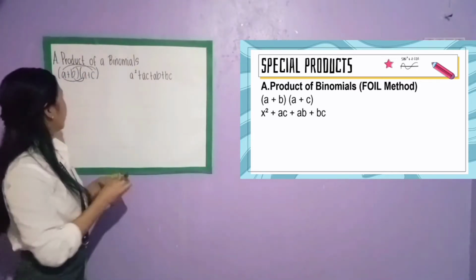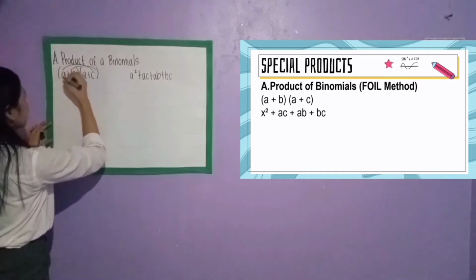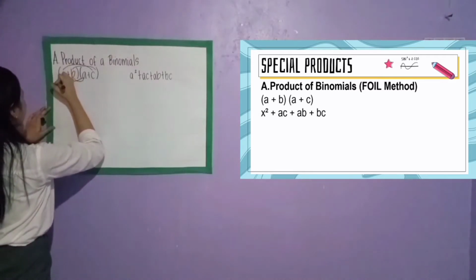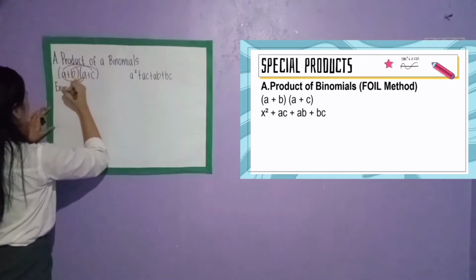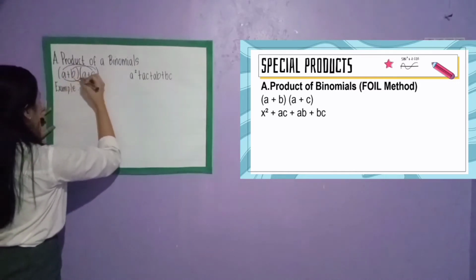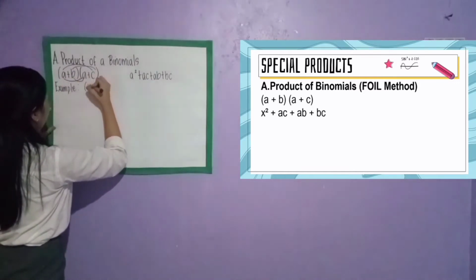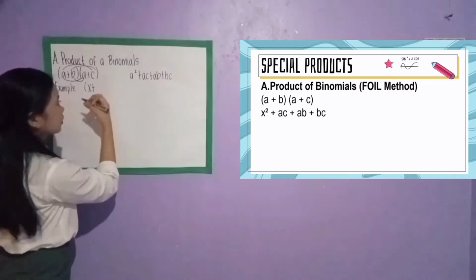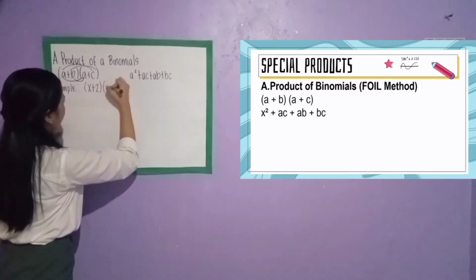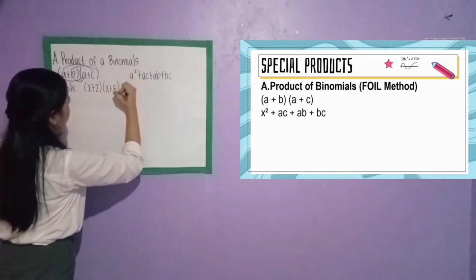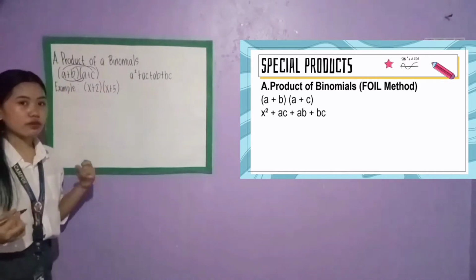Okay, for example, we have here the quantity of x plus 2 multiplying to the quantity of x plus 5. So, we will use the FOIL method.